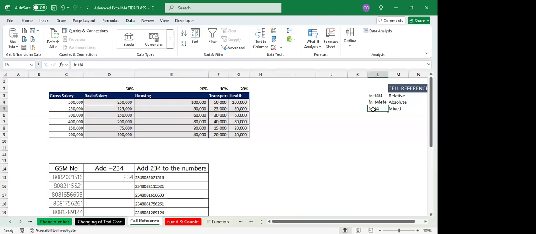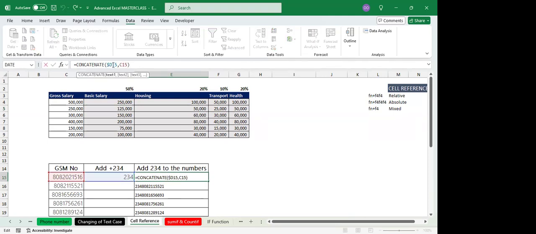Now, if I lock it to both sides, like this one here, you will see that I've changed it. If the dollar sign is on both, behind the number and behind the alphabet, that is mixed reference.